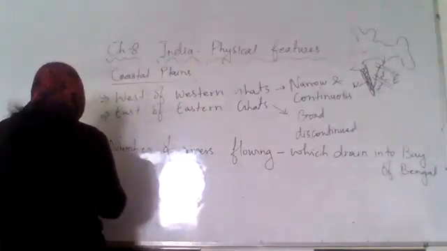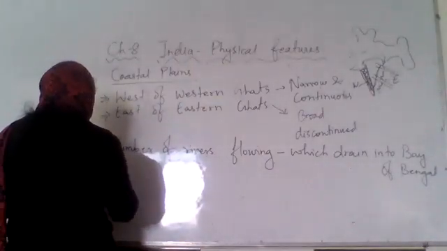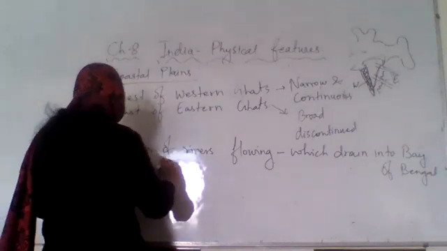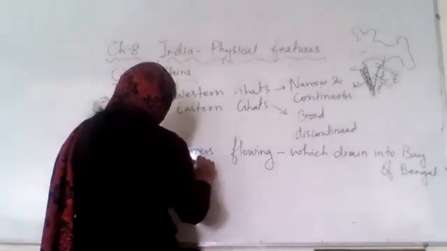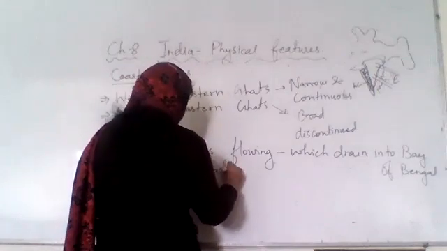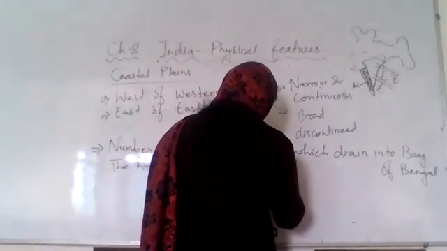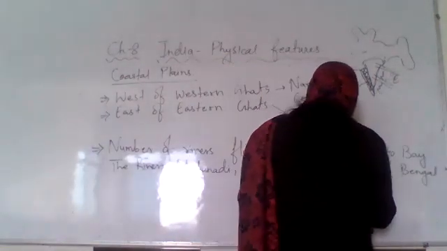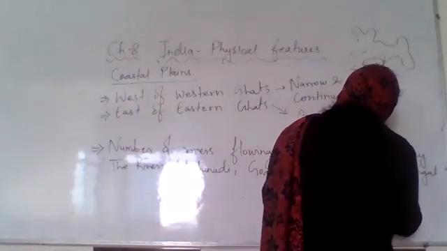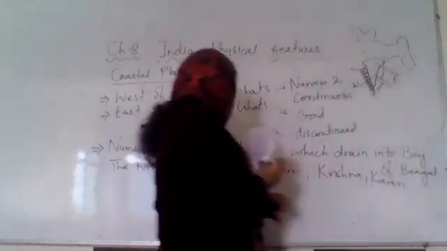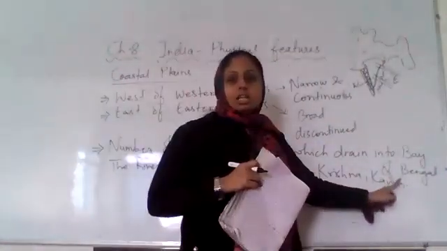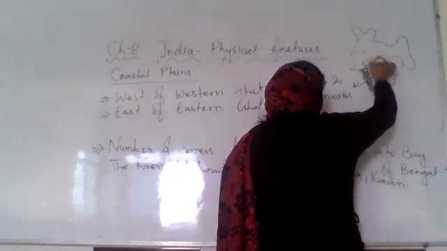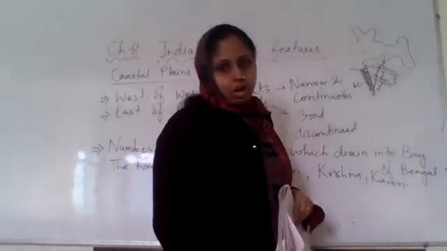Understood? In the Eastern Ghat, you have the rivers Mahanadi, Godavari, Krishna, and Kaveri. These rivers, Mahanadi, Godavari, Krishna and Kaveri, drain into the Bay of Bengal.